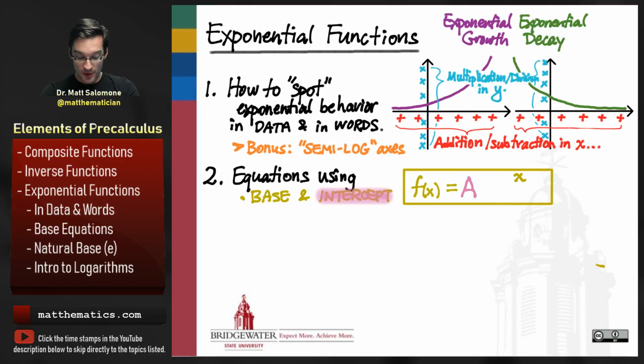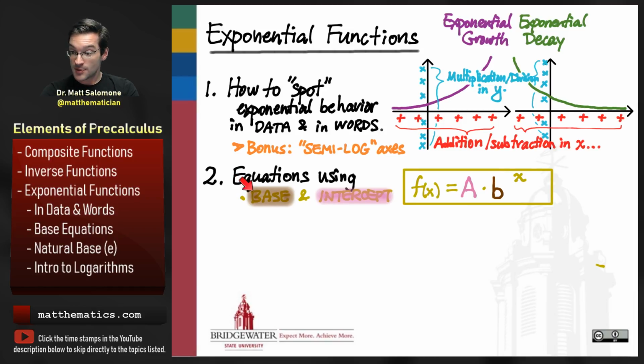The intercept, which just like for linear equations is the y value of the y-intercept of our equation, can be found right out here in the front. I'm going to call it capital A for today. And the base of the exponential expression, this is going to be the surrogate of the slope. When we thought about slope of linear equations, the corresponding notion for exponential equations is going to be the base.